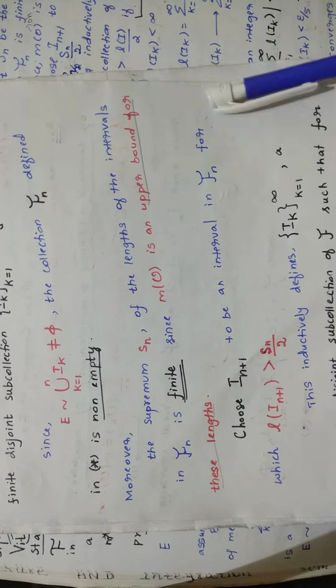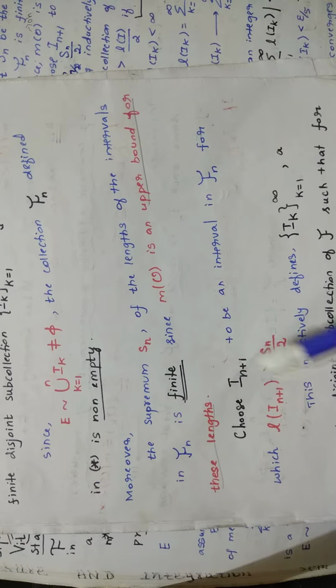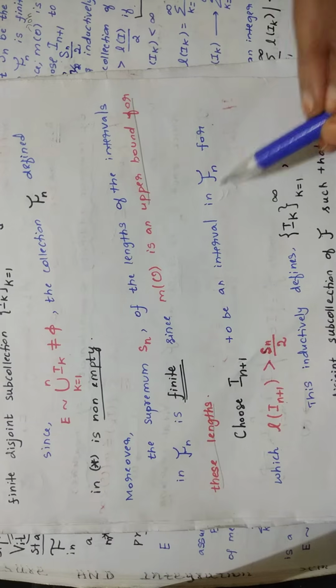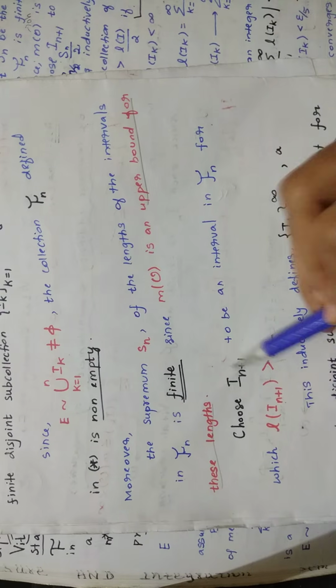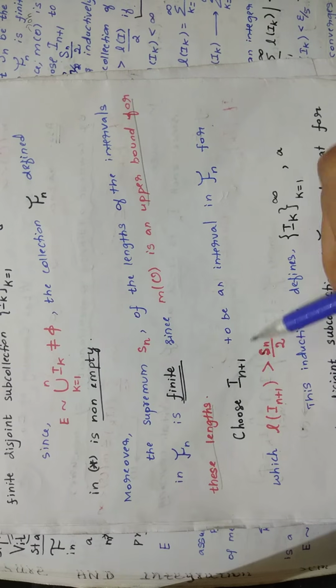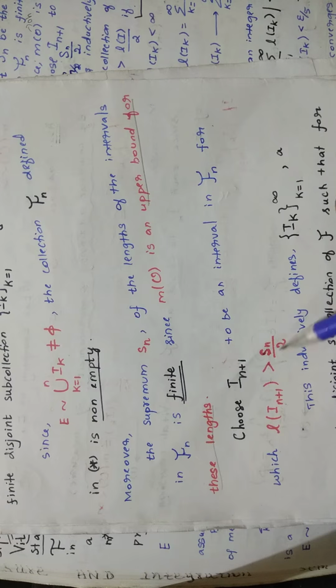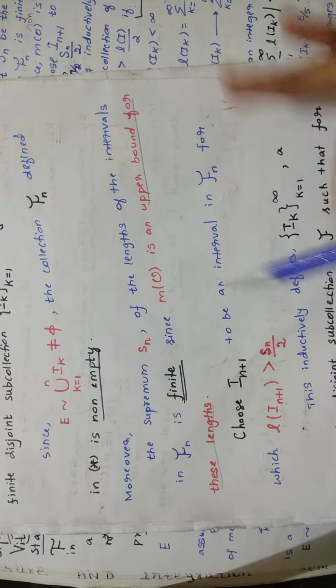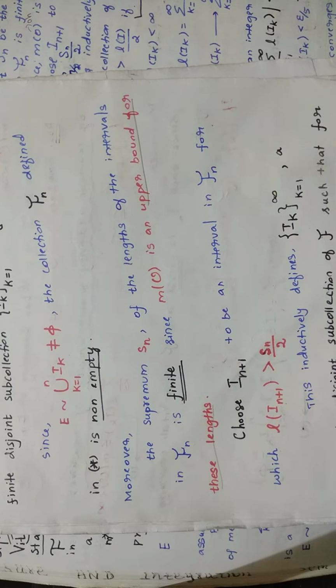Fn, okay, for which with this property you are choosing this interval In plus 1. Choose In plus 1 to be an interval in Fn for which the length of In plus 1 will be greater than Sn by 2. The supremum value of the length of the intervals divided by 2. This value will be greater than this. That is how you are choosing this interval In plus 1 from Fn.